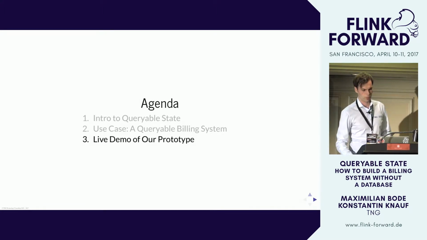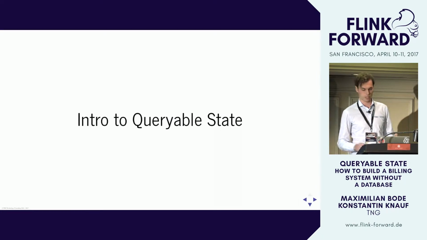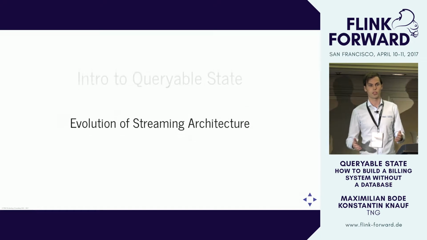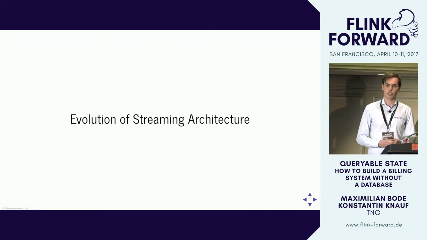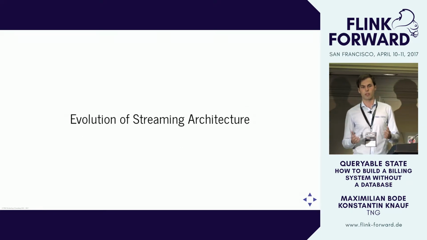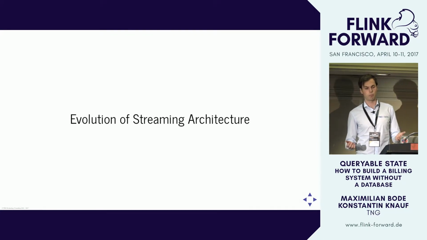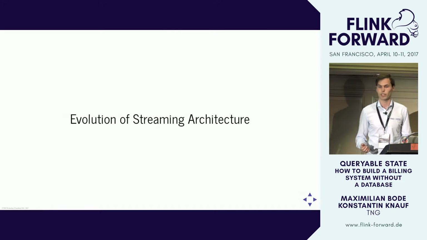So let's start. What is queryable state and why would you need something like that? So for the following few slides, just imagine a system with two kind of competing requirements. On the one hand, you want exact, correct results at the end, but on the other hand, you also need to be able to generate real-time, low-latency insights.